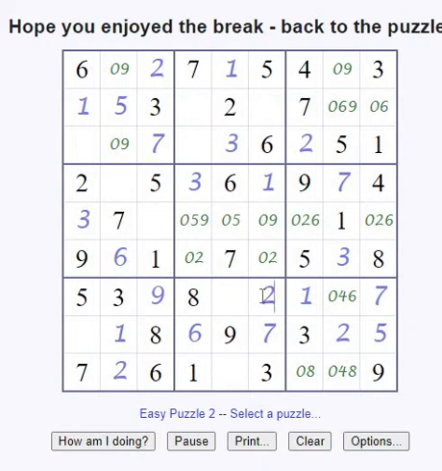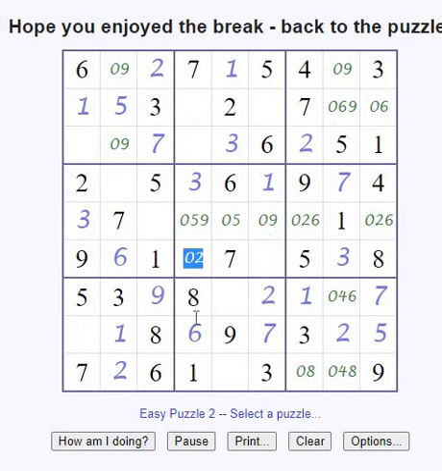Okay, so there's a 2 here, so we delete this one. There's a 2 there, so we cannot put a 2 here. And also we cannot put a 2 here because 2 could be here or here, so it cannot be anywhere here.